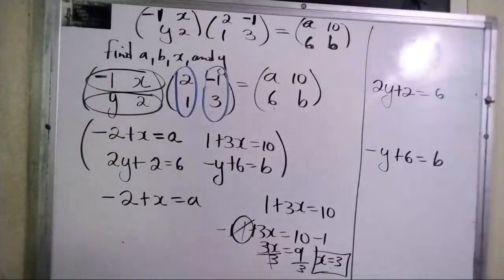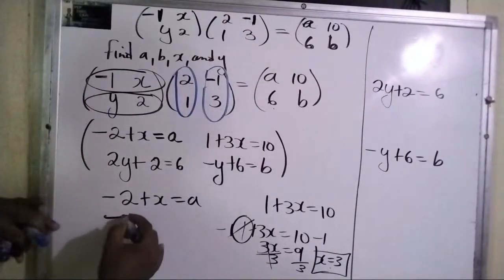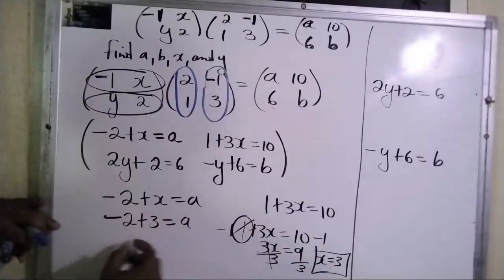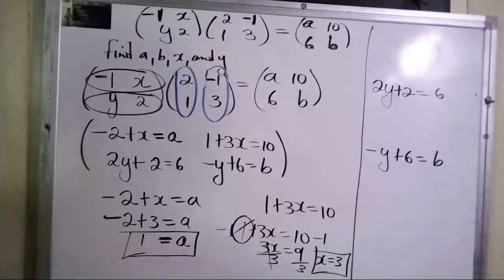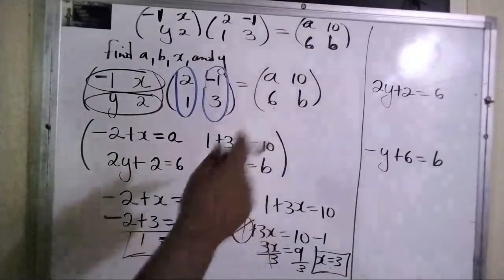So we know the value of x to be 3, we can substitute it here, right? So it would be negative 2 plus 3 equal a. So therefore a is equal to positive 1. Alright? Now that we know the value, we get a and we get x. Let us find y now.